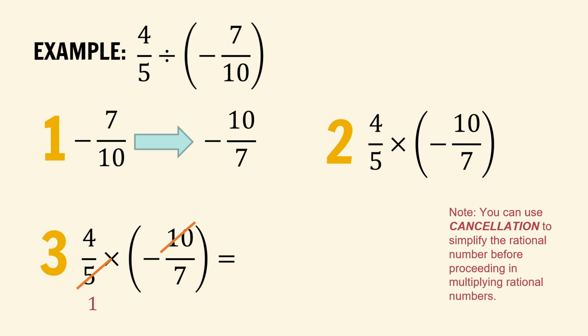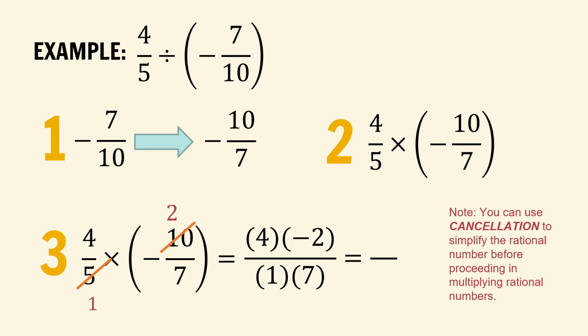So now we will proceed in multiplying numerators and the denominators. So 4 times negative 2 equals negative 8. 1 times 7 equals 7. Therefore, negative 8 over 7 is the final answer.